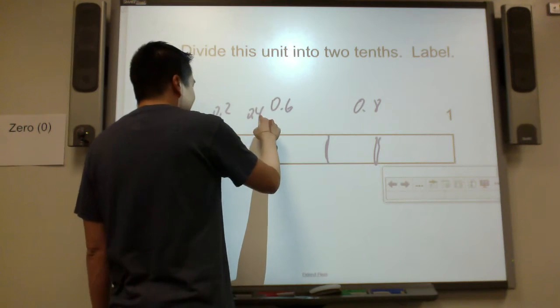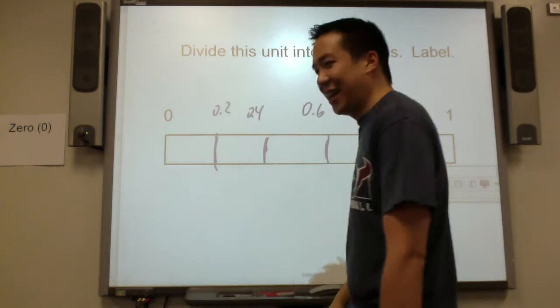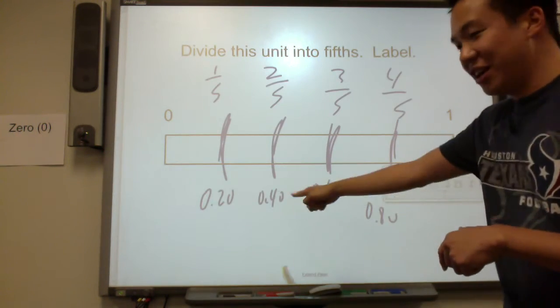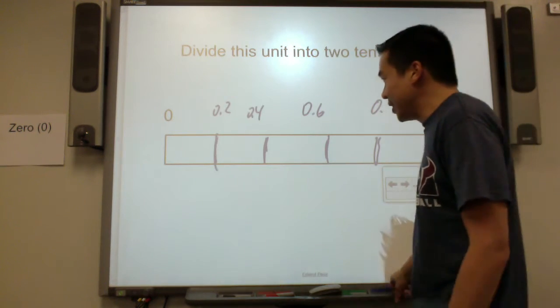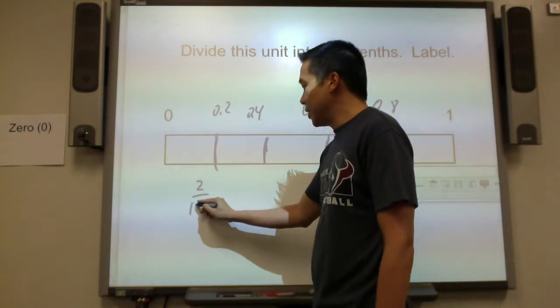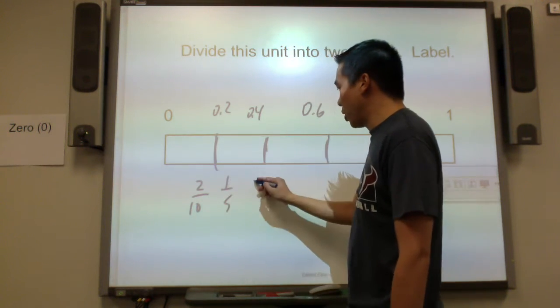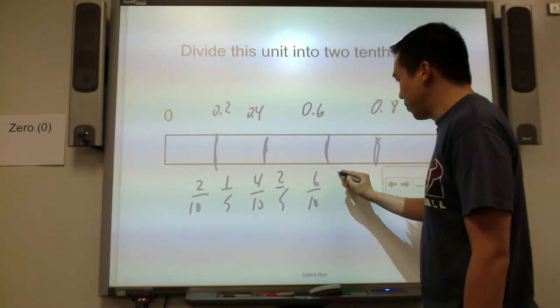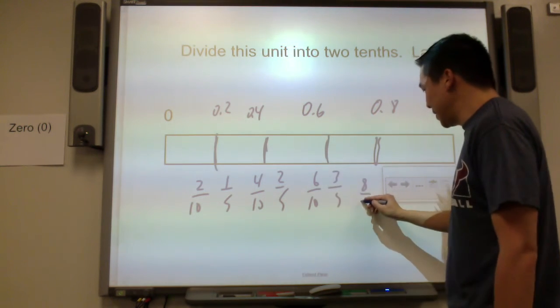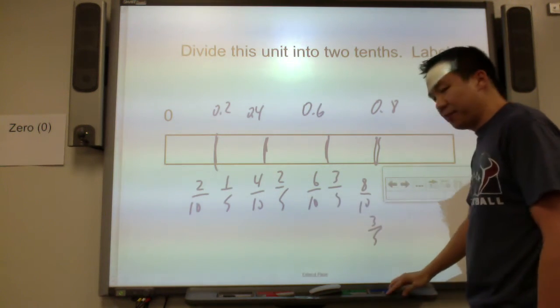Isn't that just dividing it into fifths? Just seeing if you remember. Again, this is 2/10. Simplify, rename to 1/5. 4/10, simplify it to 2/5. 6/10, simplify it to 3/5. 8/10, simplify it to 4/5.